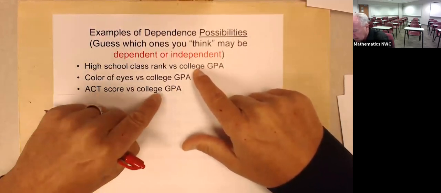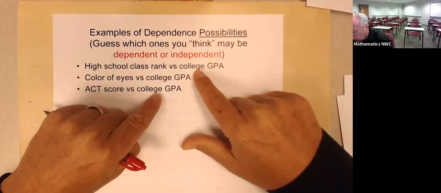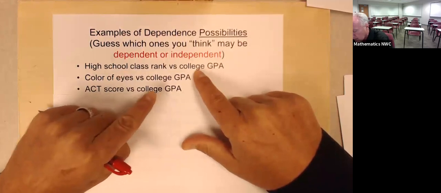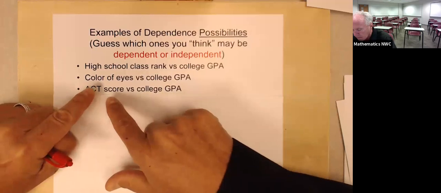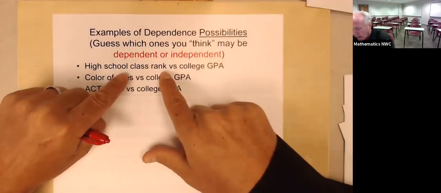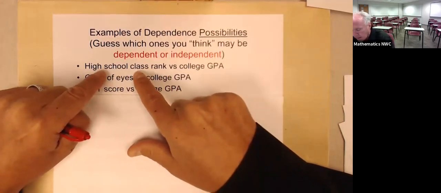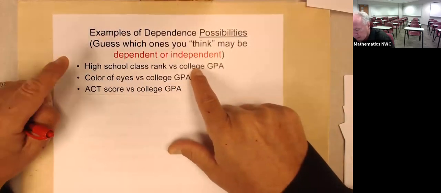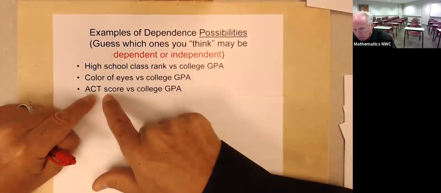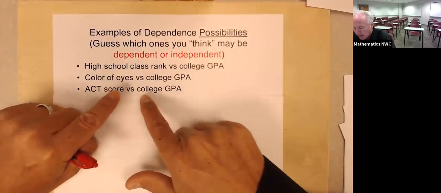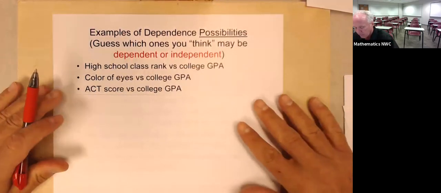When we look at college GPAs, we're trying to see which ones we predict are higher. ACT score is a better indicator than high school rank, partly because high school rank has grade inflation in it, and that can disguise how well they're going to do at college. ACT scores describe better how they will do at college.